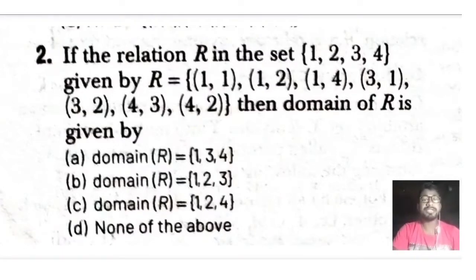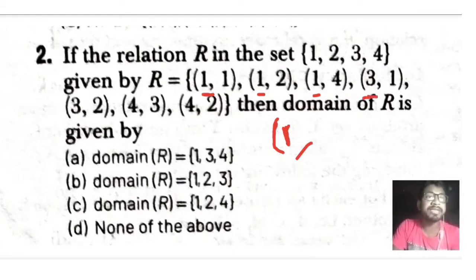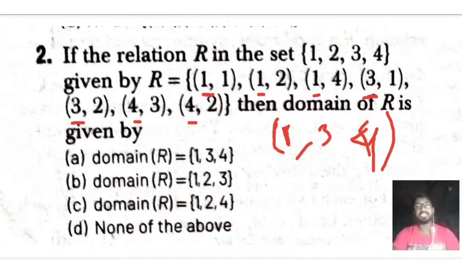Domain set is always made up of the first elements. So the first element is 1, next here is also 1, so the first element will be 1, and the next element will be 3, and the last element will be 4. So there will be only 3 elements: 1, 3 and 4. So our answer will be only option A. Understood everyone? Now go to the next question.